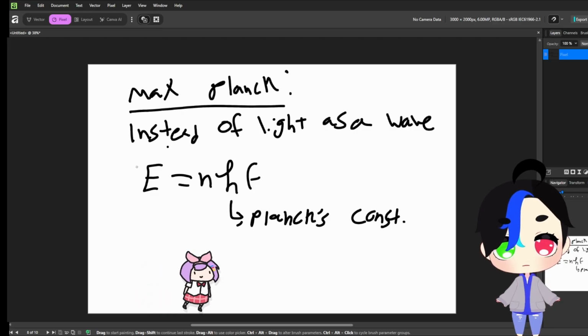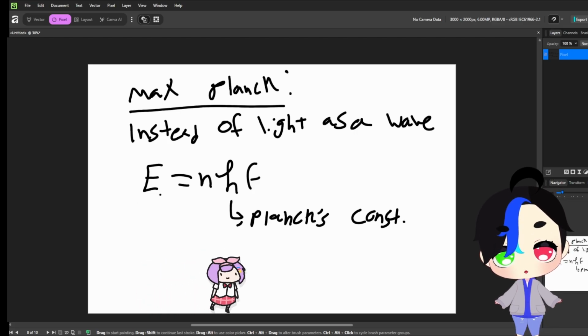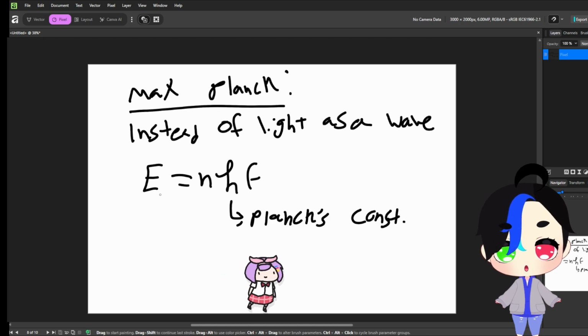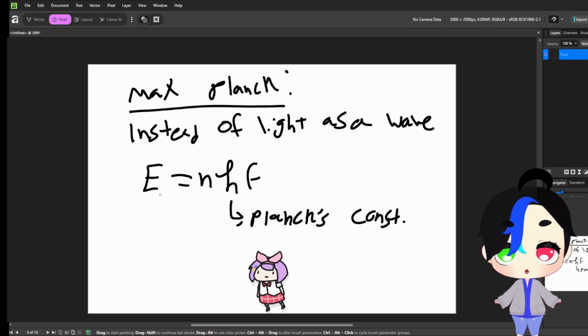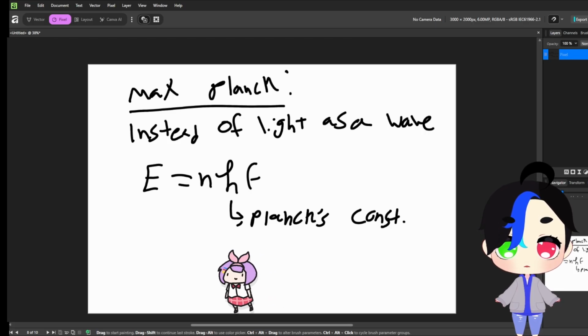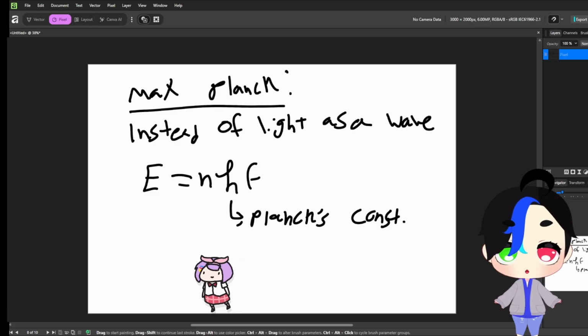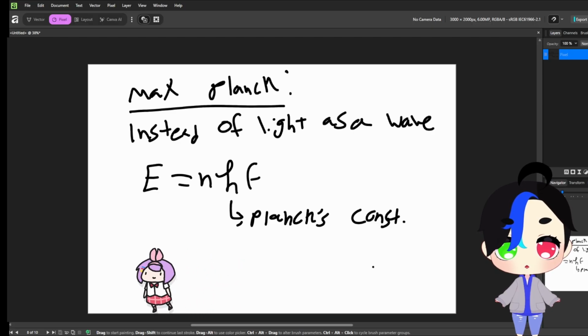And so using this formula for the energy of light instead of the one you get from wave mechanics, you end up getting spectral emittance in this form.